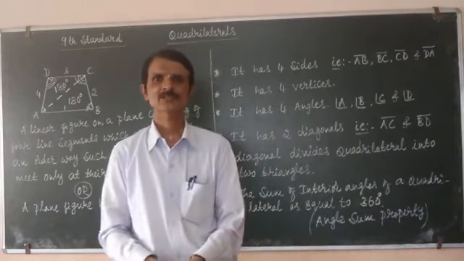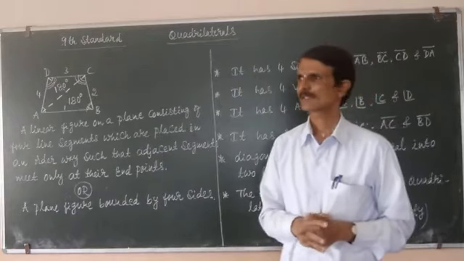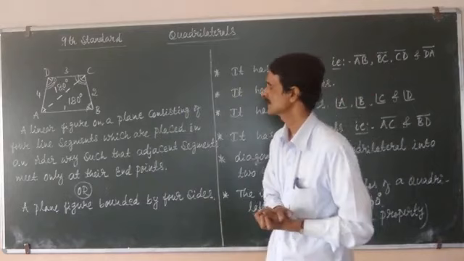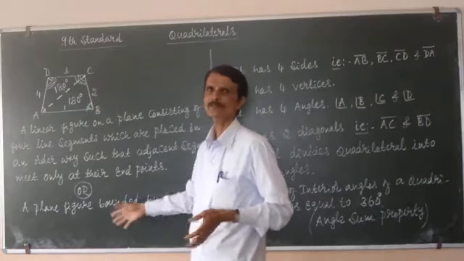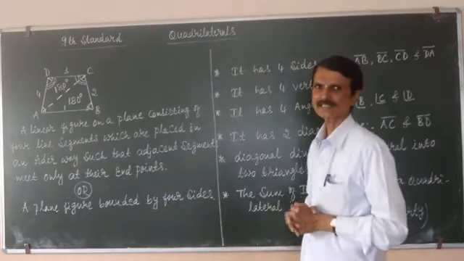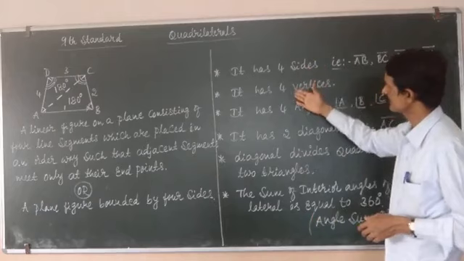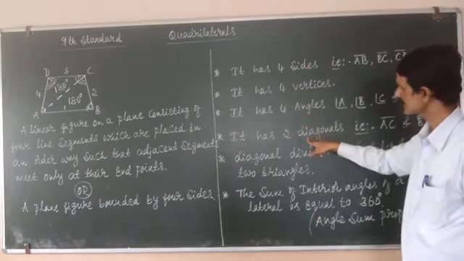Okay, students. So this is about some important key points or concepts of the quadrilateral. A quadrilateral is a plane figure which is bounded by four line segments or four sides. It has four sides, four vertices, four angles. It has two diagonals.